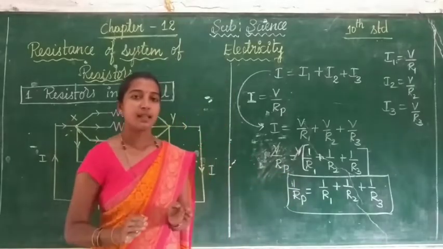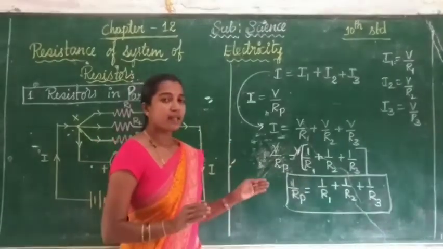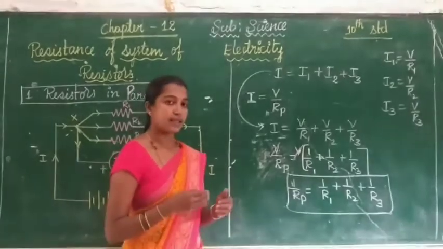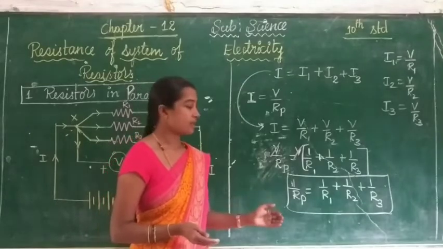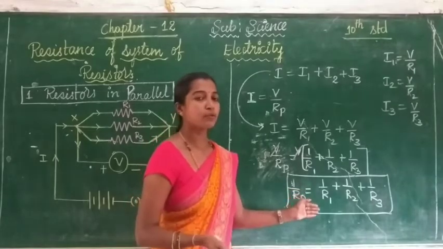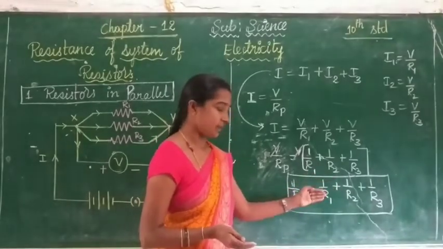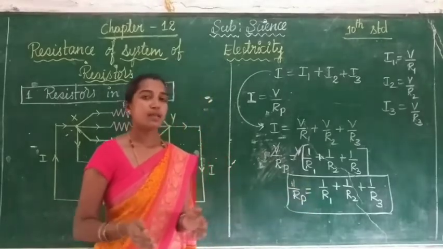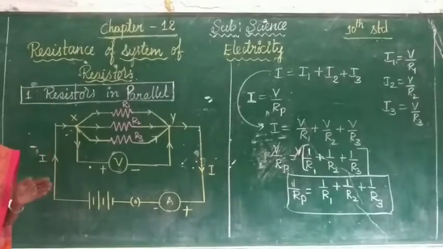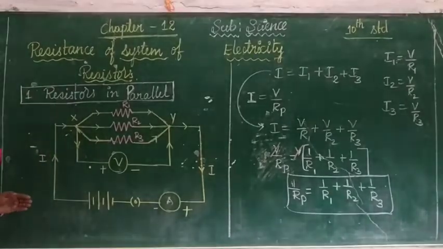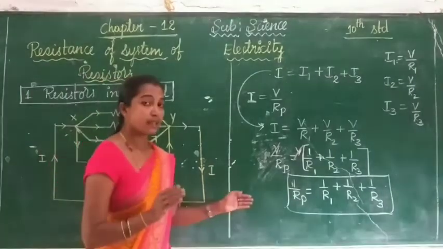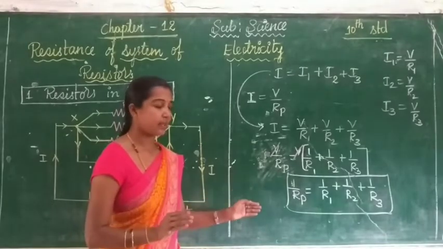Children, listen again. When the resistors are connected in parallel, the total resistance offered in the circuit is called the equivalent resistance.